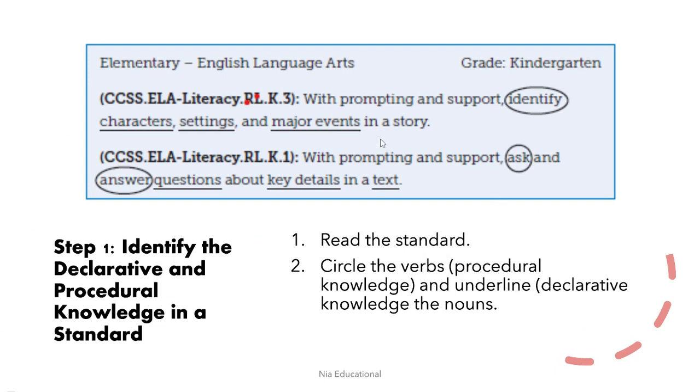So let's look at this. In this case, the procedural knowledge are the verbs. They are to identify, to ask, to answer. The declarative knowledge are those nouns. We're going to underline those things: characters, settings, major events, questions, key details, and text.